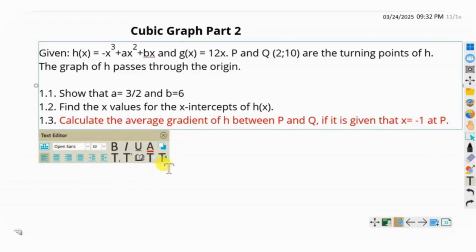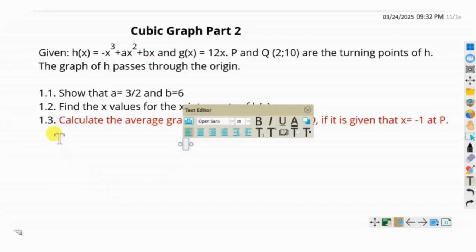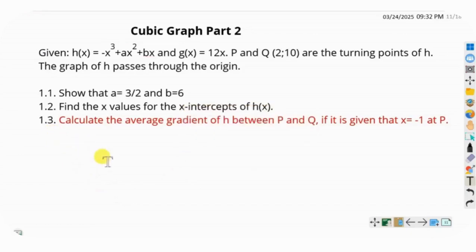I'm going to take the equation of h, and on the equation of h I'm going to substitute the x value being negative 1, to find the value.